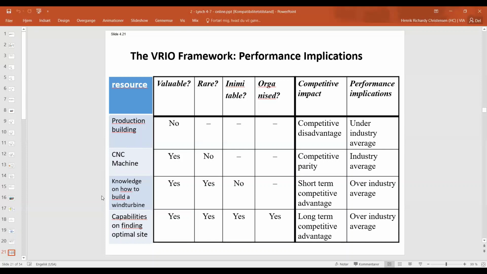But if the people you have hired and employed don't know how to organize the resources, then it doesn't matter how good your resources are, because very quickly you will find yourself out of business, because you will start losing money because the wrong decisions will be made. So it's not just a question about whether resources are valuable, rare, etc. It's also, can we take advantage of it? If we cannot do that, then it really doesn't matter what kind of resources we have. Okay, so that's a point to remember.